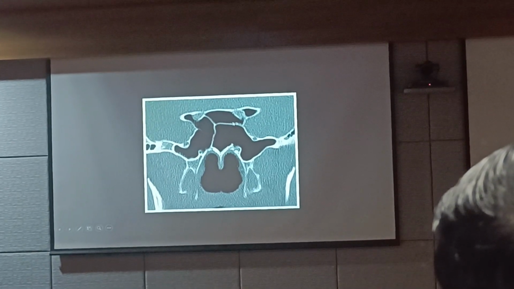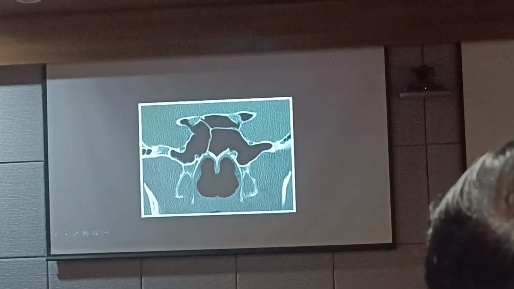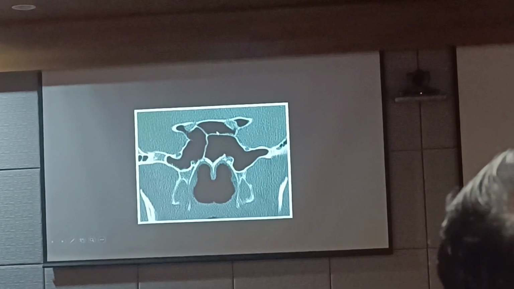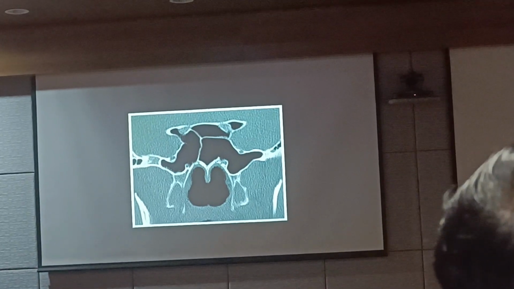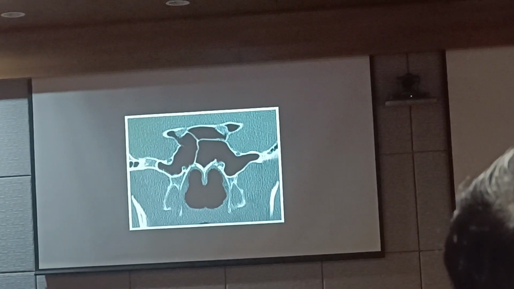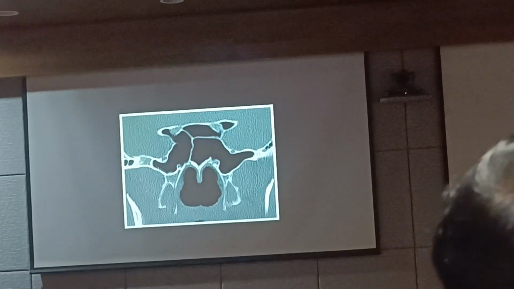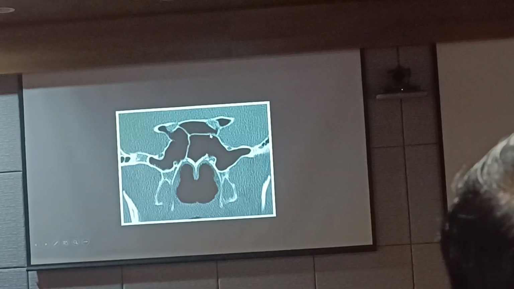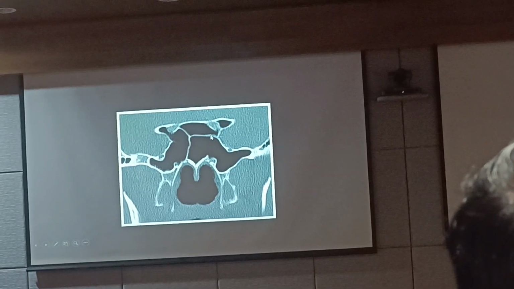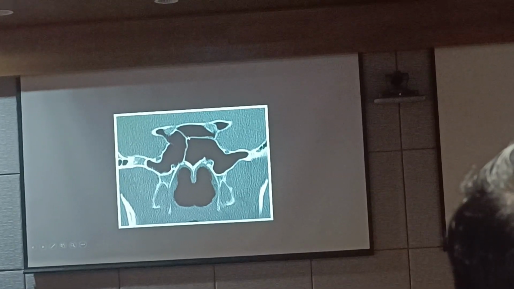Can you see this ledge? So be aware this could be a posterior ethmoid. Why? If you consider this as a sphenoid, your posterior ethmoid like a cone is going into the sphenoid. And there's a horizontal cell partition. So this could be a partition within the sphenoid, or it could be an Onodi cell, correct?